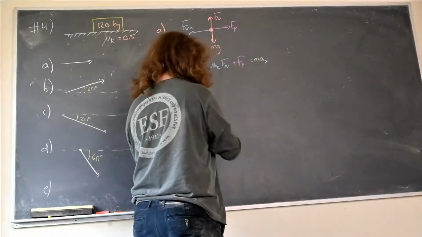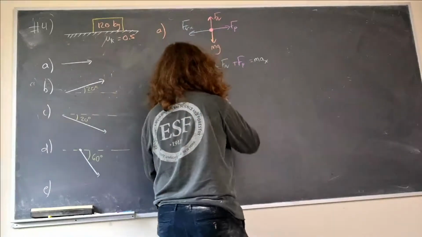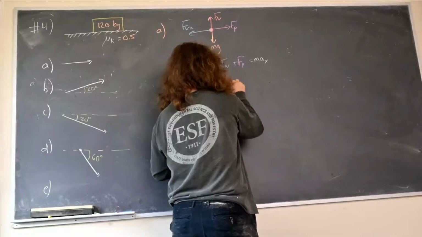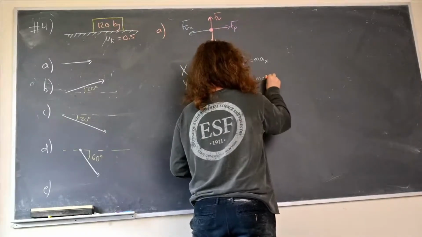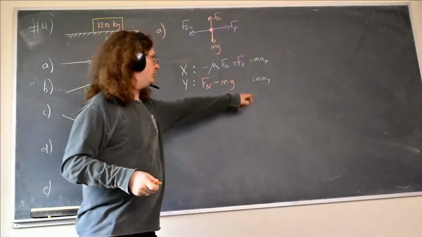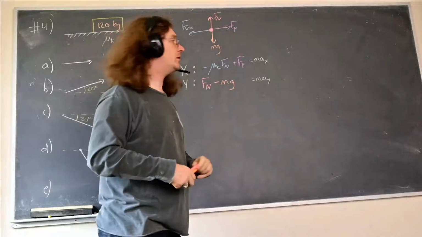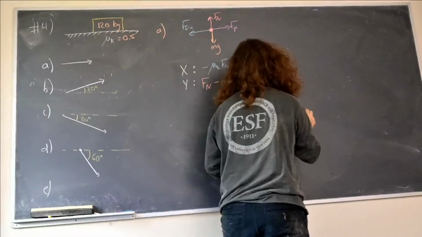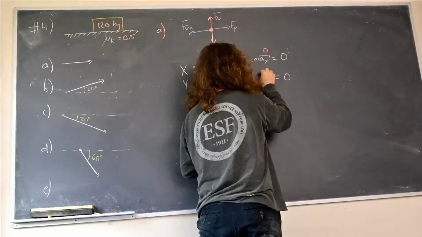And in the y direction, I've got the normal force minus mg equals may. Now, it doesn't move up or down. And in the x direction, we're just trying to make it go at a constant rate. So the accelerations are 0 in both directions. That's nice.